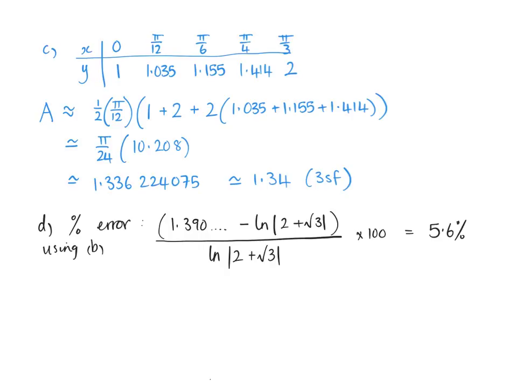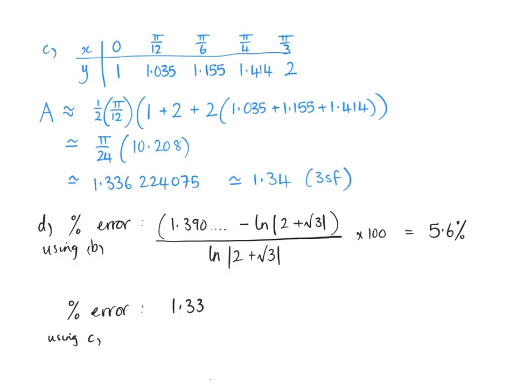If we want to use C, we've used more strips. So we're expecting it's still going to be an overestimate, but hopefully the error is going to be a little bit smaller. So I'm using C here.